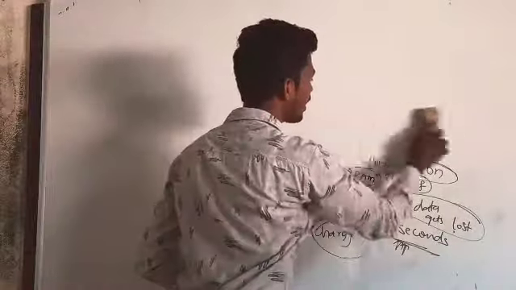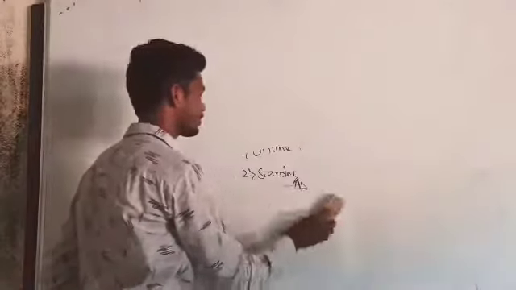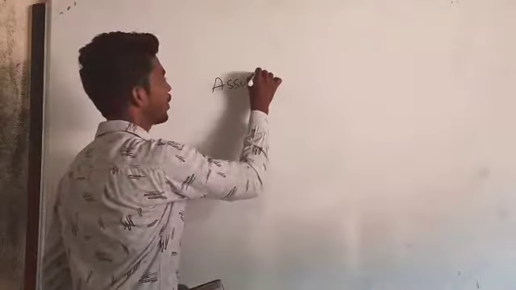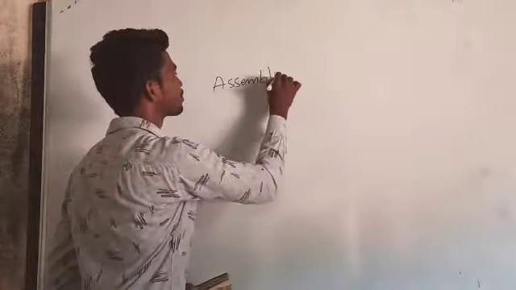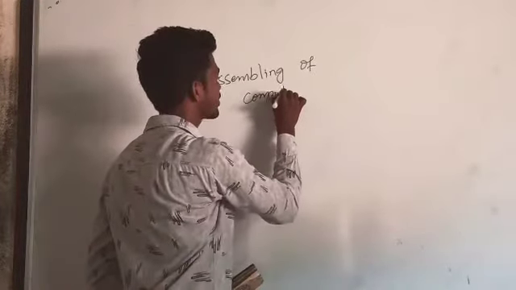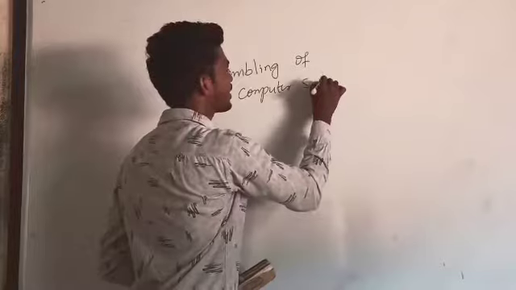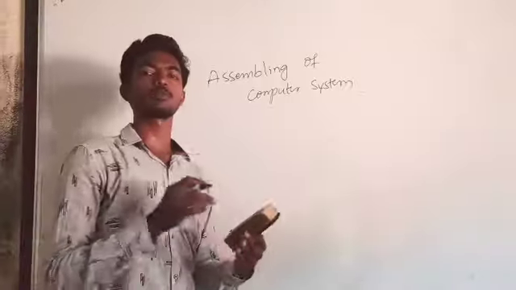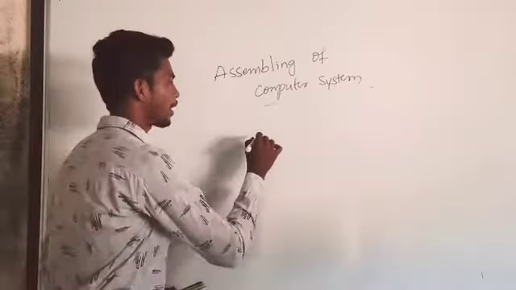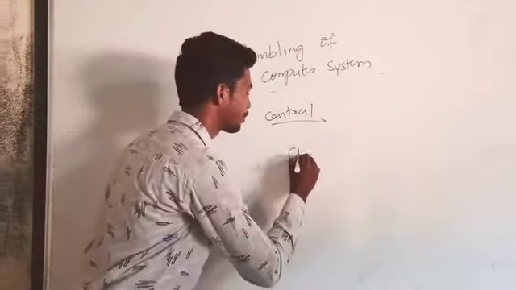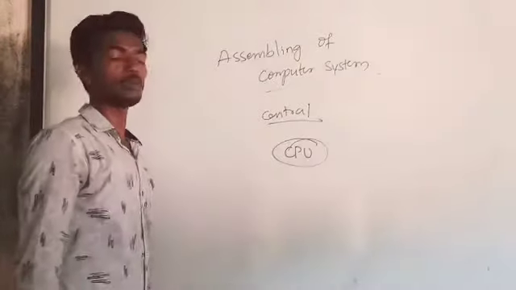The last topic is assembling a computer system. No explanation is really needed for you, even though I am explaining it. Assembling a computer system refers to the connections to be made for the computer system, where the central thing is the CPU.